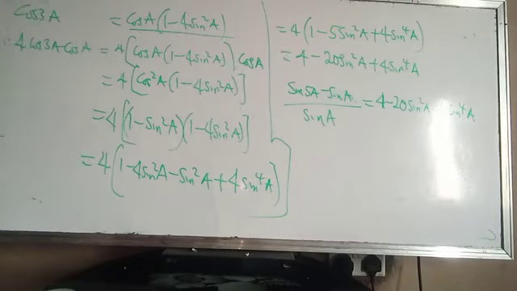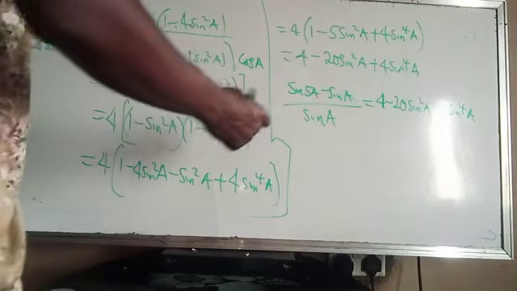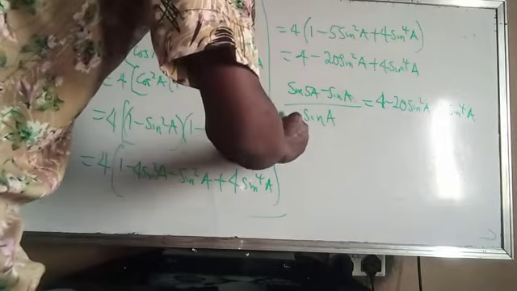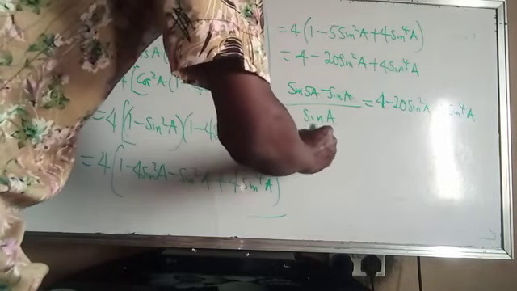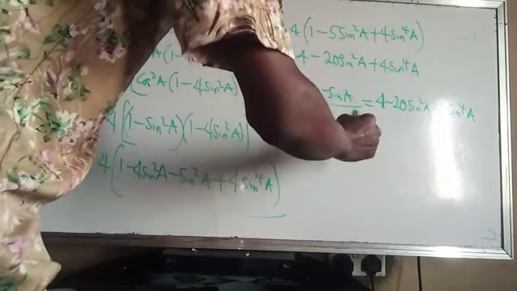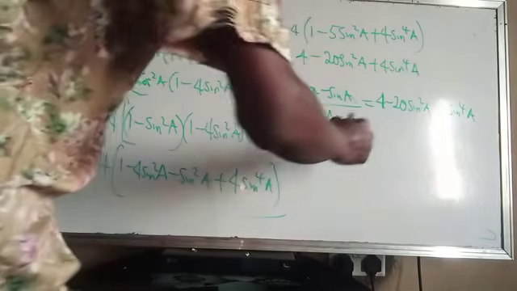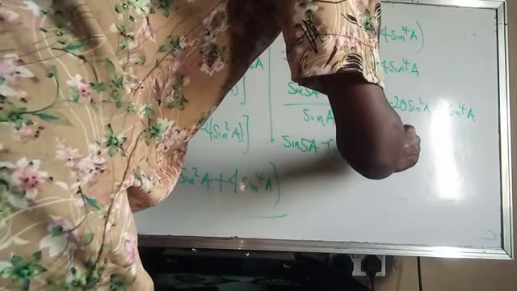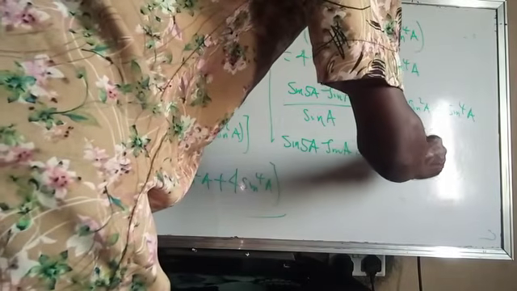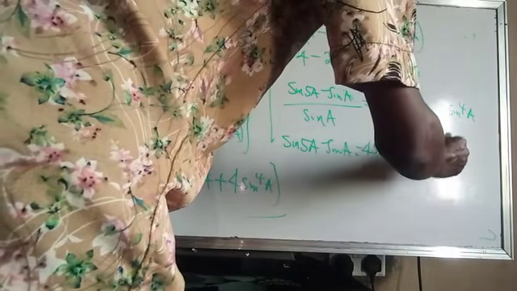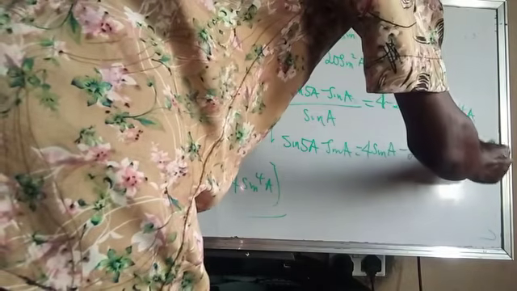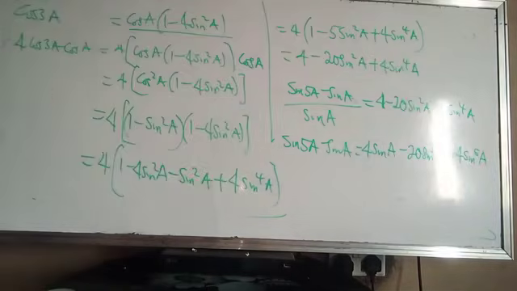So let's multiply through by sine A. By the time we multiply through by sine A, we have sine 5A minus sine A will be equal to 4 sine A minus 20 sine cube A plus 4 sine raised to power 5A.